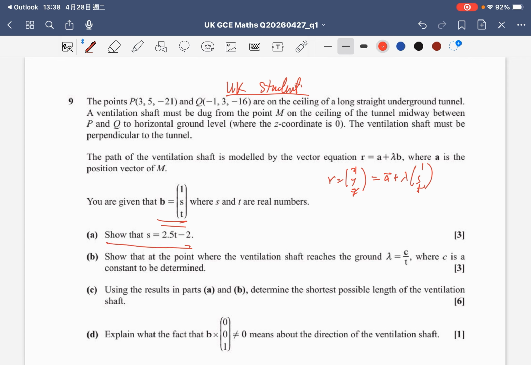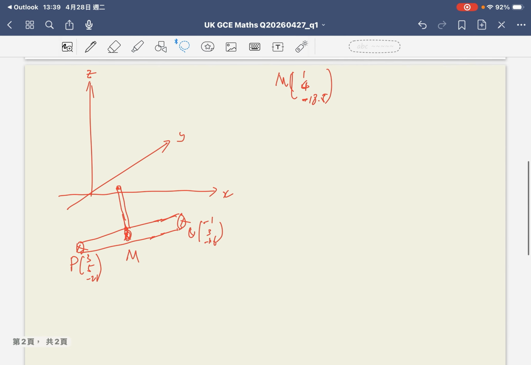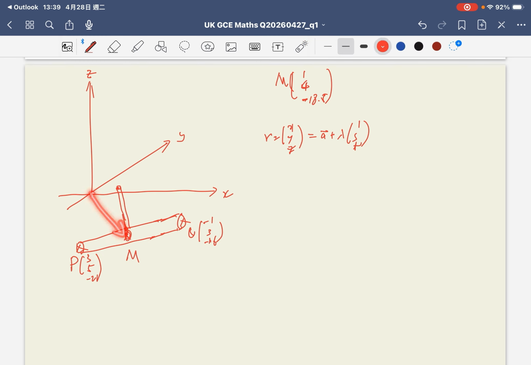So s equals 2.5t minus 2. Okay, I draw it here, copy and paste. If you have to show that the midway point, then r means OM plus something in this direction.